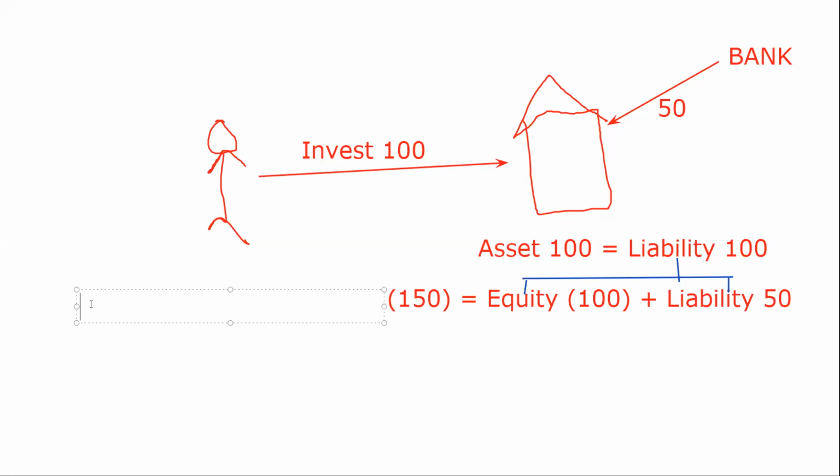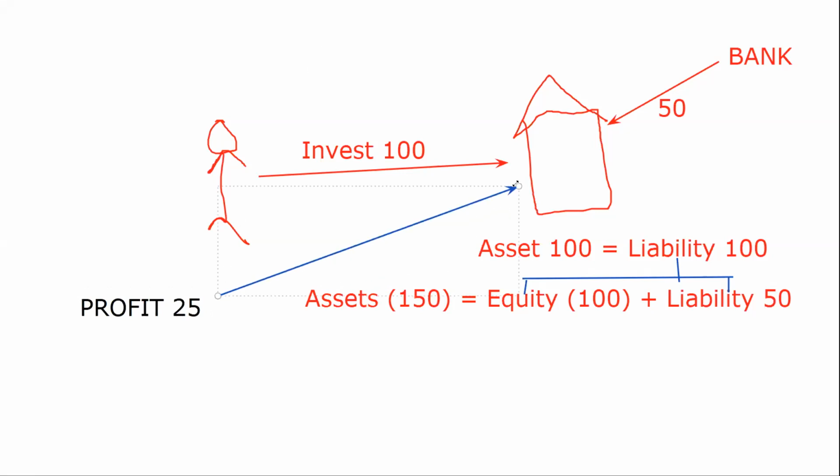Then we will continue doing the business and assume that we earn a profit of 25,000. Assume all other factors do not affect.